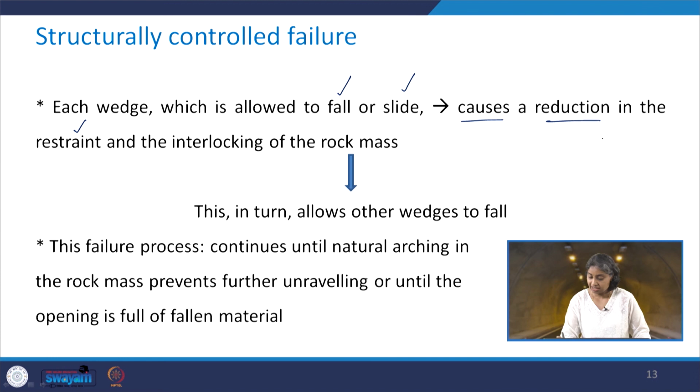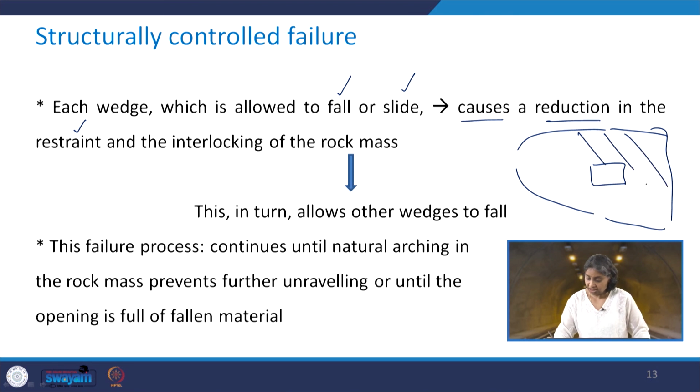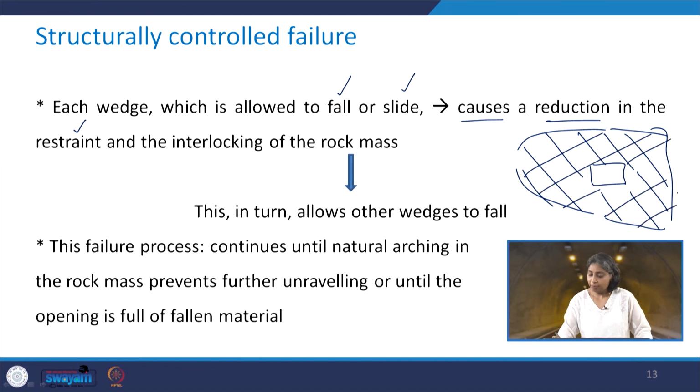Let us say you have the rock mass and the excavation is made something like this. What will happen? Let us say these blocks fall here. What happens to the restraint and interlocking of the surrounding rock mass?